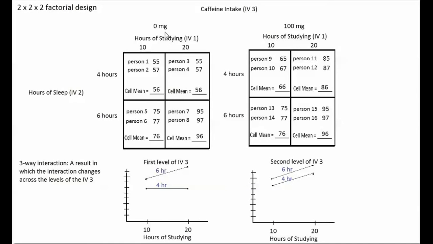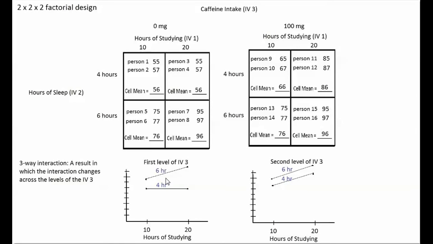Because at the first level of IV3, there is an interaction, and at the second level of IV3, there's no interaction. This entire result that we see in both of these graphs would be called a three-way interaction. The fact that this graph doesn't look the same as this graph means that we're seeing a three-way interaction. And let's try to understand what this three-way interaction is telling us.